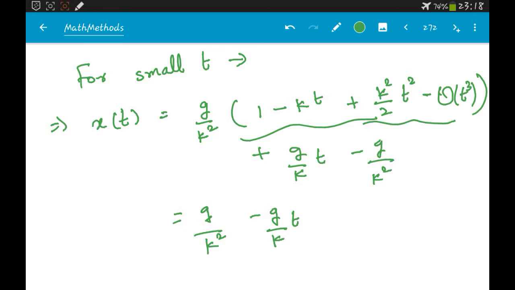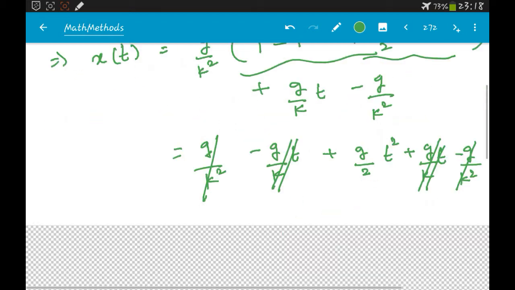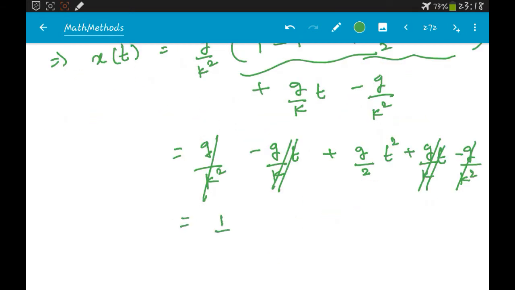Then we have plus g by 2 t square plus g by kt minus g by k square. So this gets cancelled with this, and we are left with half gt square. This is x of t at small t.